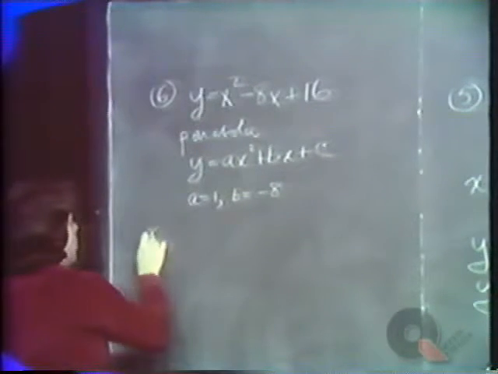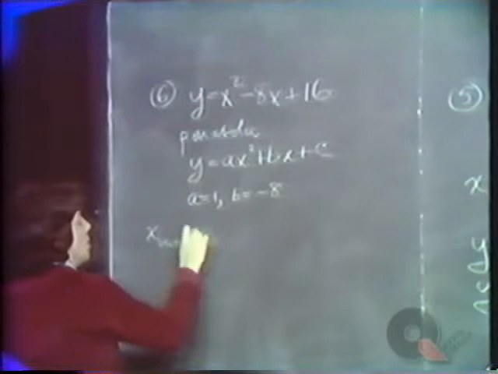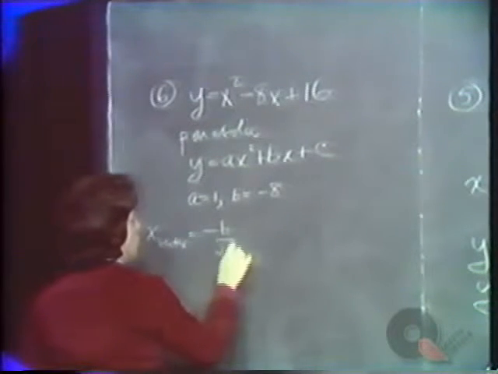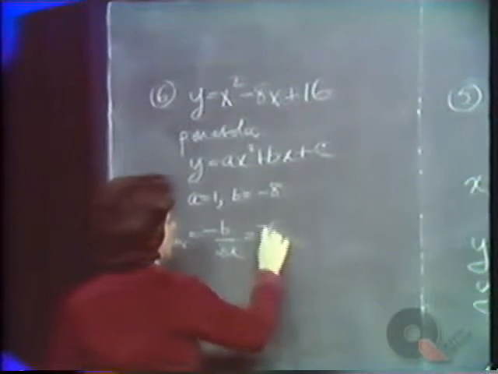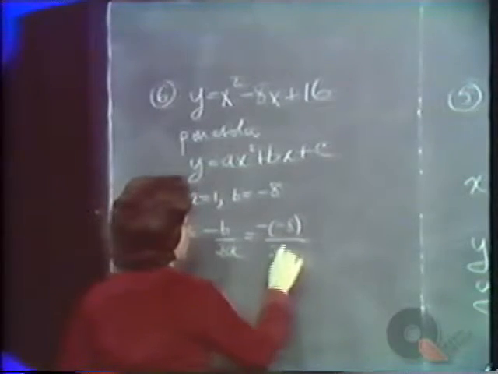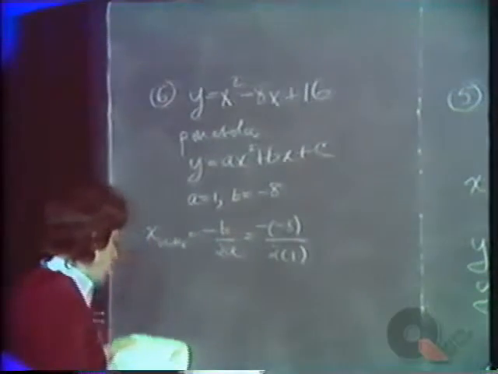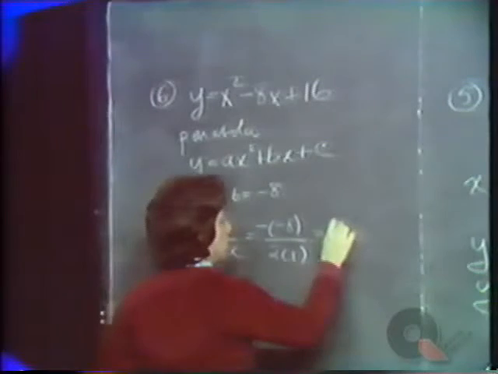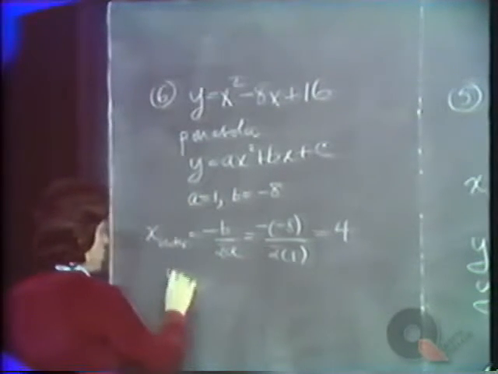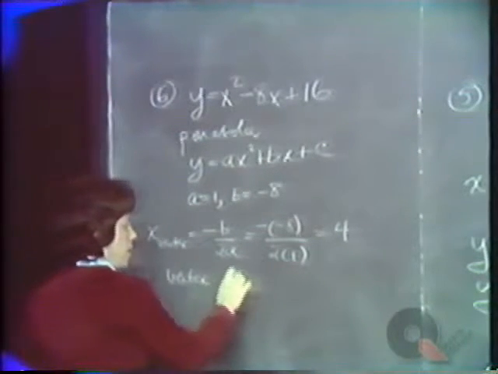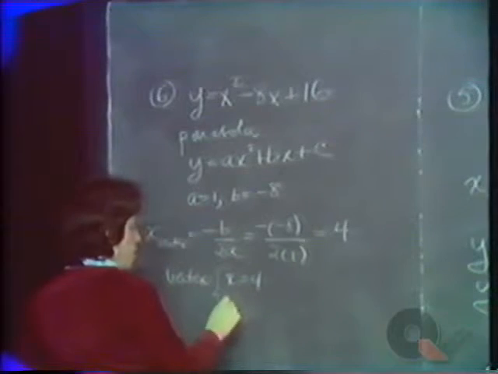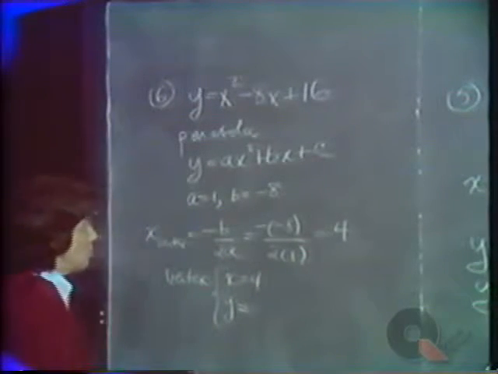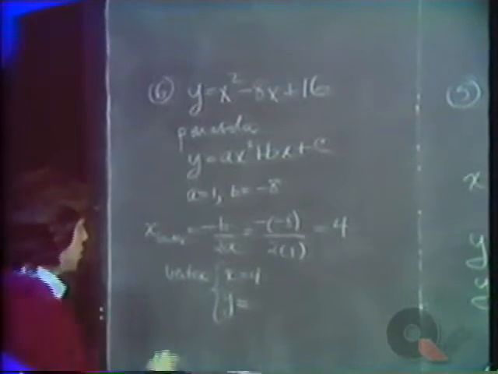The x-coordinate of the vertex is minus b over 2a, minus minus 8 over 2 times 1, 8 over 2, or 4. So the vertex is x equals 4, and when x equals 4, we can substitute in to figure out what y is.